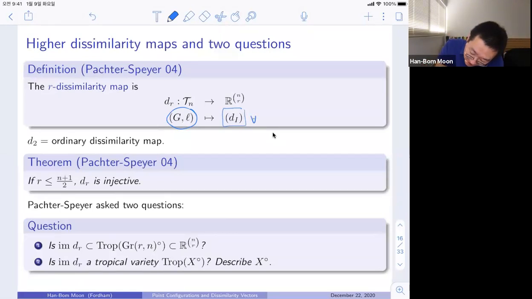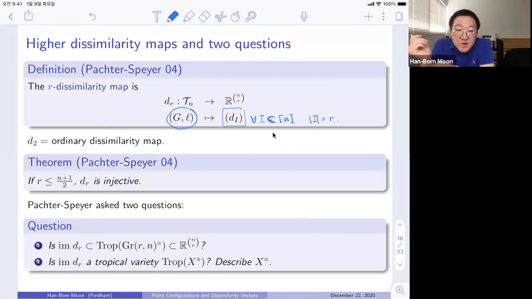We need to compute the size of the subtree for all subsets I of n whose size is exactly R. Then we get a bunch of positive numbers, and you can check that when R is 2, this is exactly the ordinary dissimilarity map. Then the question is, can we recover the tree graph, the phylogenetic tree, from this new data, the image of the R-dissimilarity map?